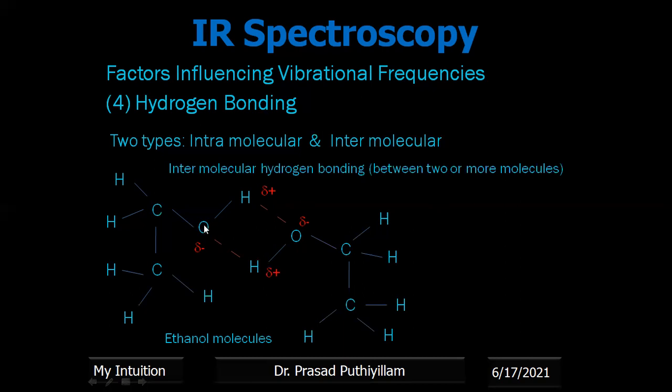Even if the oxygen is replaced by some other heteroatom like nitrogen, it becomes NH2. Nitrogen also will get a partial negative charge, hydrogen will get a partial positive charge, and it will show hydrogen bonding with the similar hydrogen present in the next molecule.